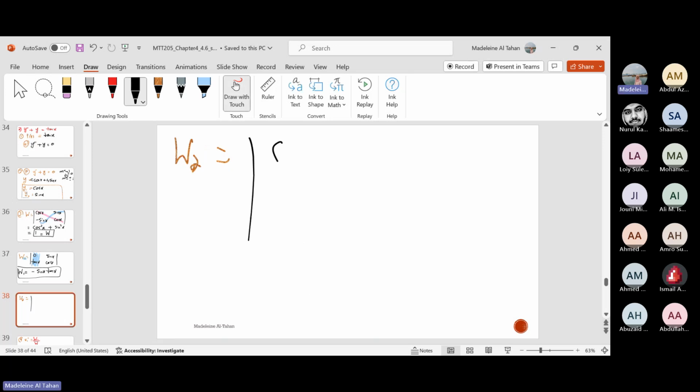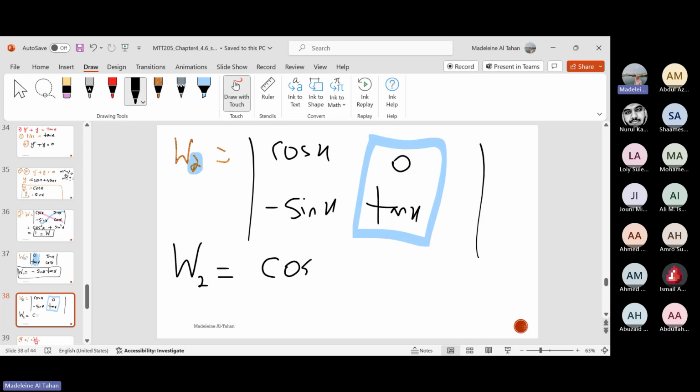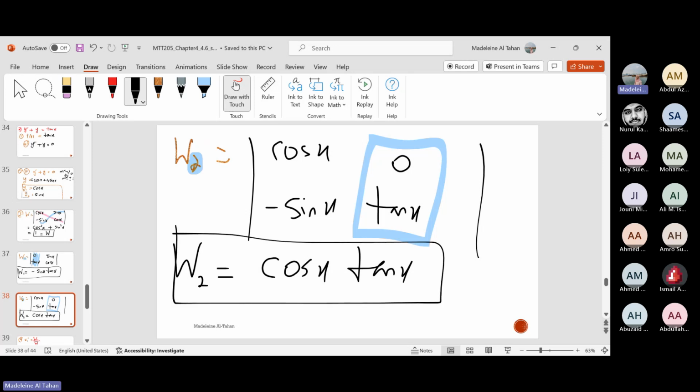W2, we will copy it again. And here zero, tangent x, we will get W2 equal cosine x tangent x. You can simplify it and make it sine x, right? Yes, I will simplify it in the next step, and you can simplify it from now.